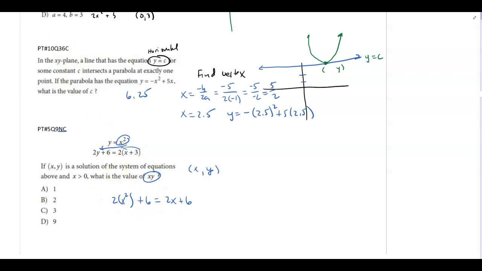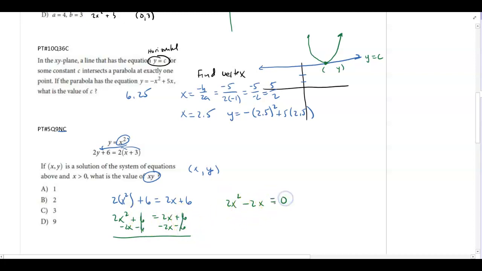Now what I'm going to do is solve this equation. Anytime I solve a quadratic, right, 2x squared plus 6 equals 2x plus 6, the first thing I do is set it equal to 0. So subtract 2x, subtract 6, and 2x squared minus 2x, the 6 is eliminated here, equals 0.